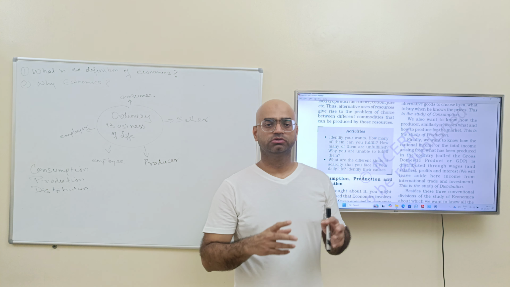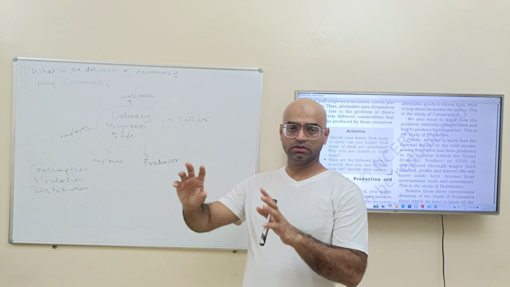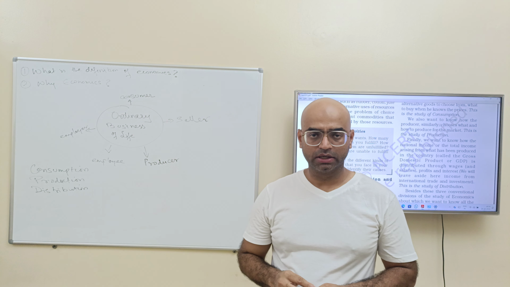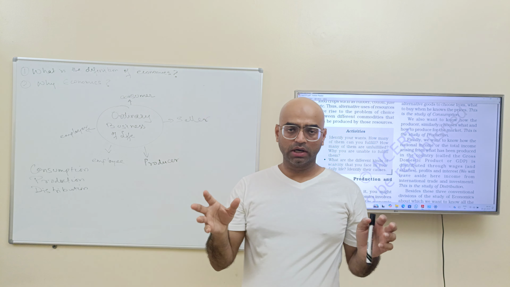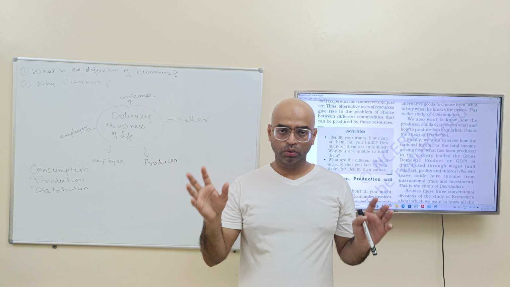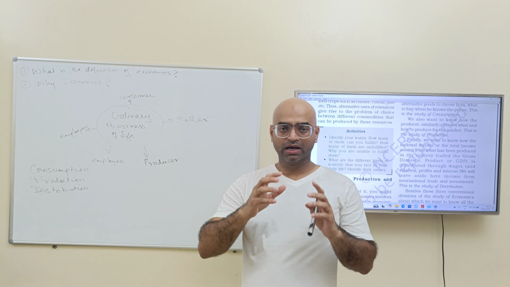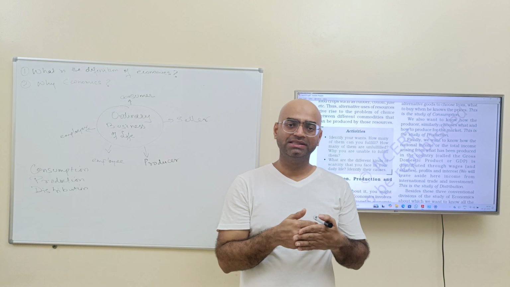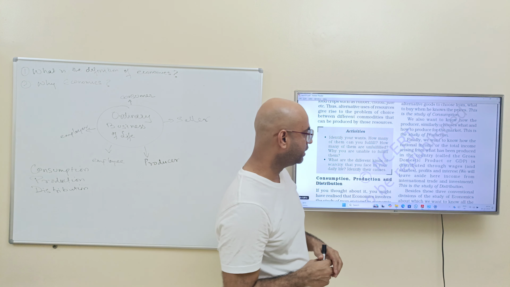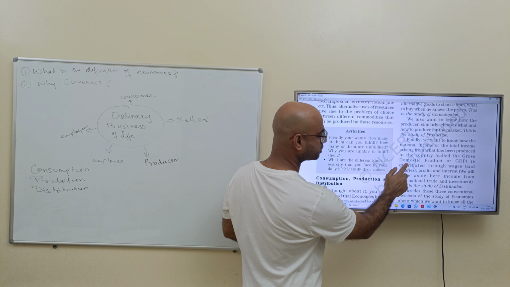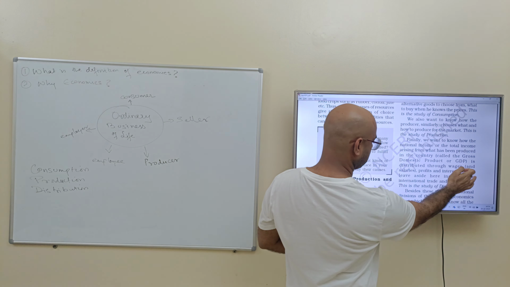If a manufacturer is manufacturing goods and selling them in the market, he is earning some money. So whatever products or services are being sold in the market, the country accumulates the entire income, and that income is called the gross domestic product.